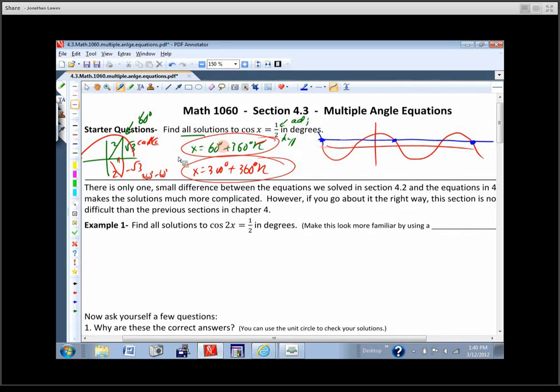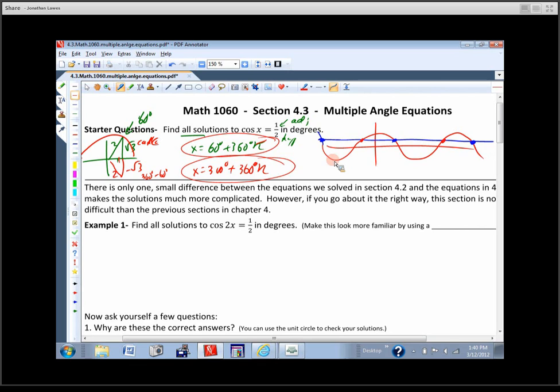Those are this answer set right here. 60 degrees on the way down, another 60 degrees coterminal on the way down. That would be 420 or something like that. And then this one here is on the way up. That's the 300 degrees. It repeats every 360 degrees. So there we go. That's a picture of those two equations graphed and where they cross.